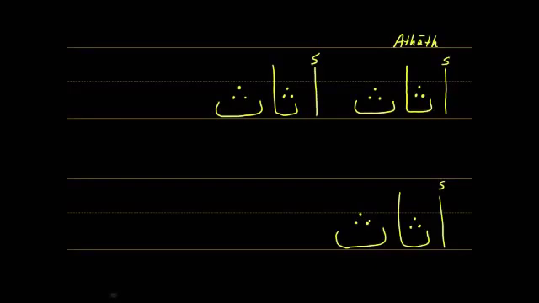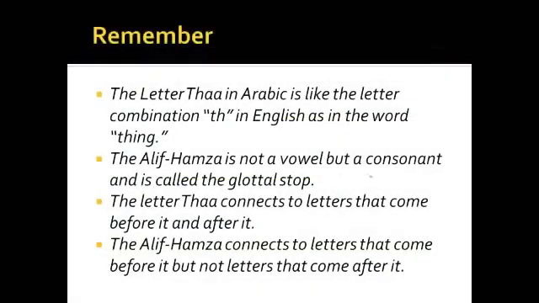Let's move to our summary slide here and recap. Just going to change this back to red. So the letter tha in Arabic is like the th in the English word thing. Tha, as in thing. And that's not too hard.